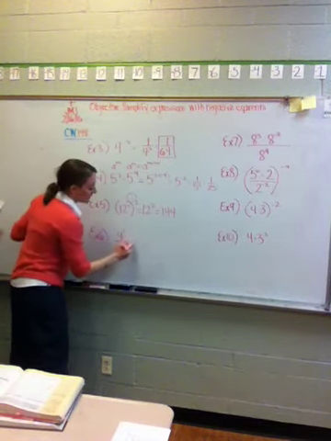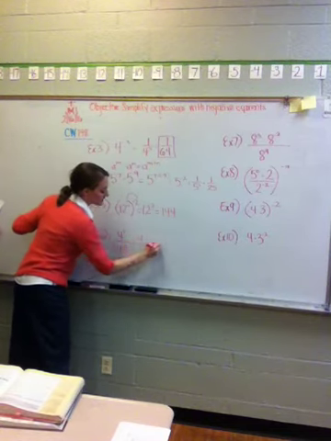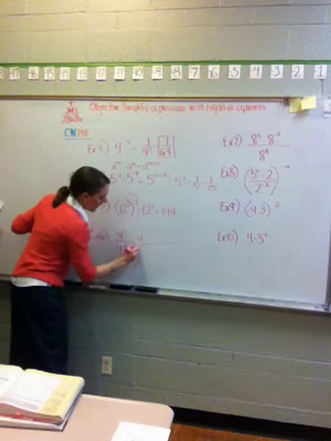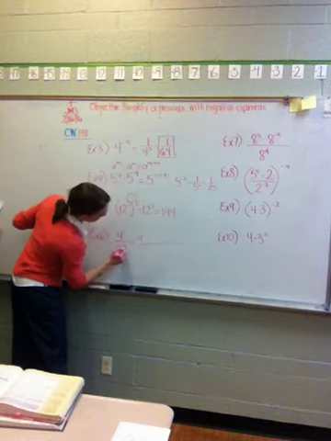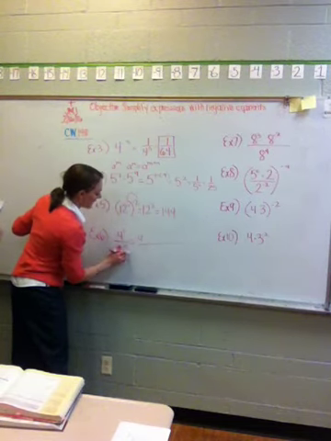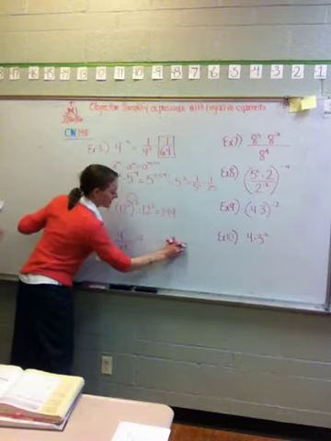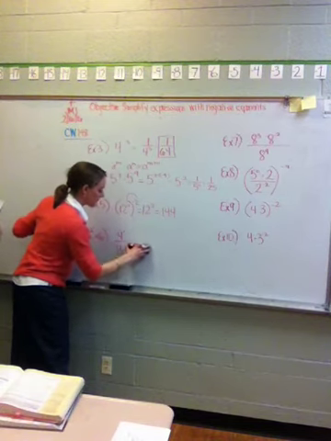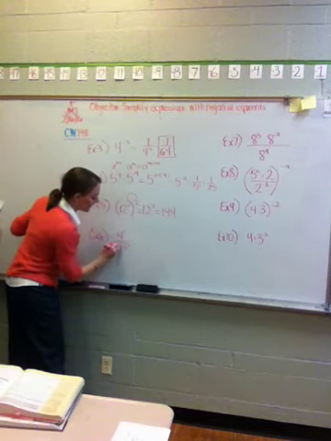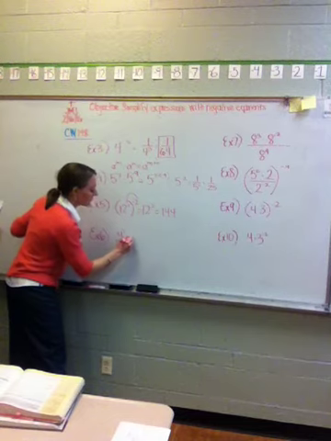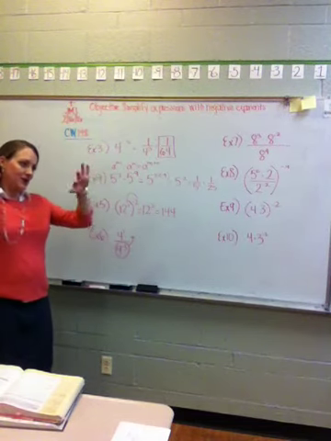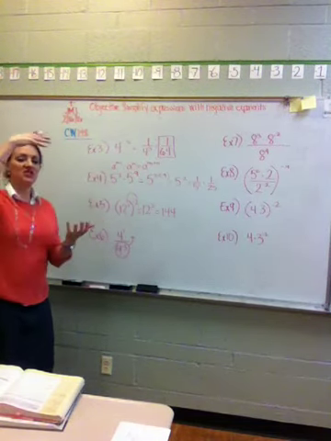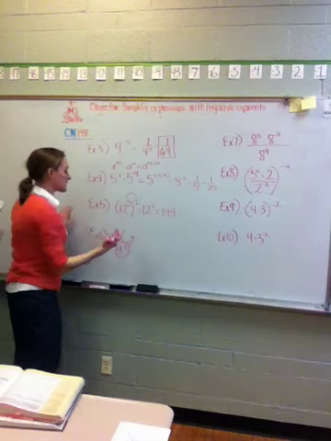So this is the same. I'll write this in expanded notation so you can see. 4 over, actually 4 to the negative 3. Let's not write that in expanded notation. When I have a negative exponent, and I move it to the opposite side of the fraction bar, it changes the sign of my exponent.